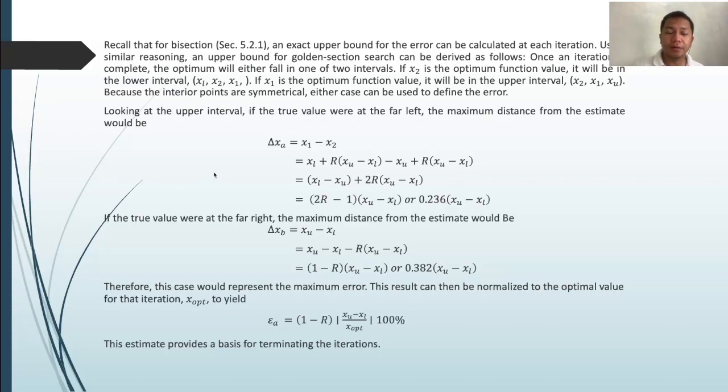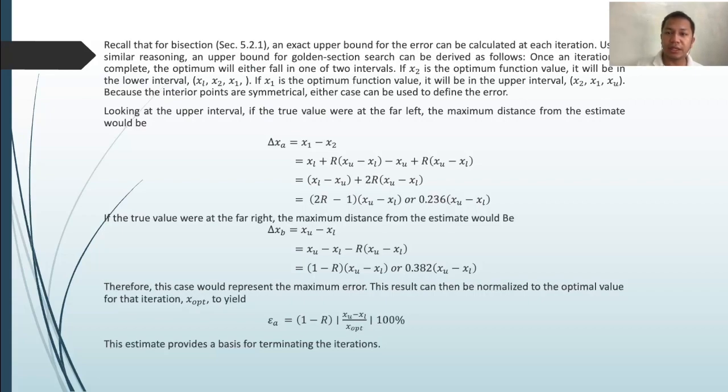Recall that for bisection, an exact upper bound for the error can be calculated at each iteration. Using similar reasoning, an upper bound for golden section search can be derived as follows. Once an iteration is complete, the optimum will fall in one of the two intervals.